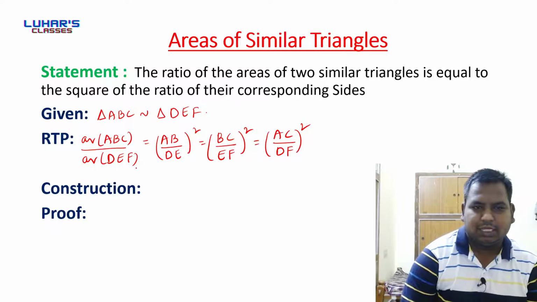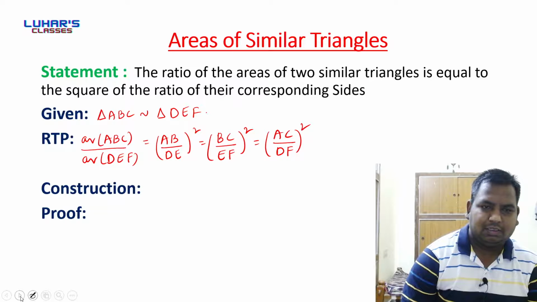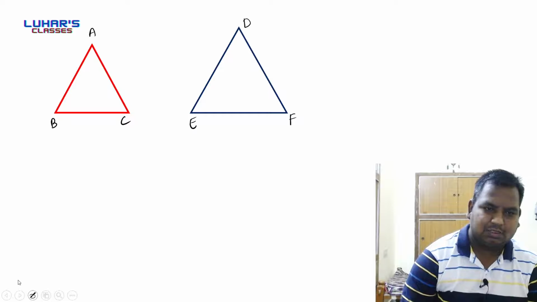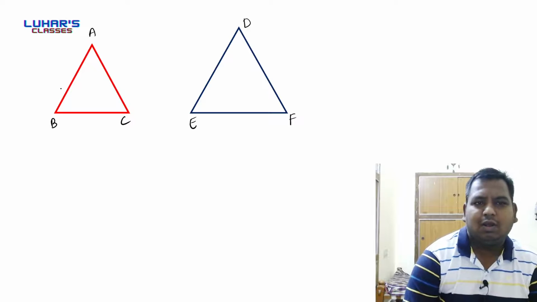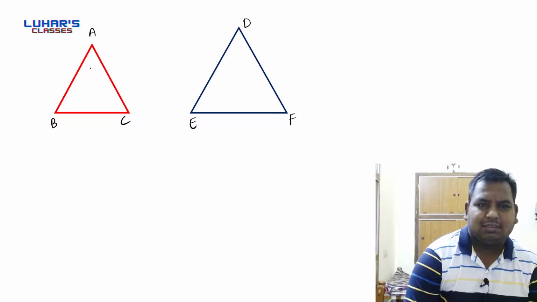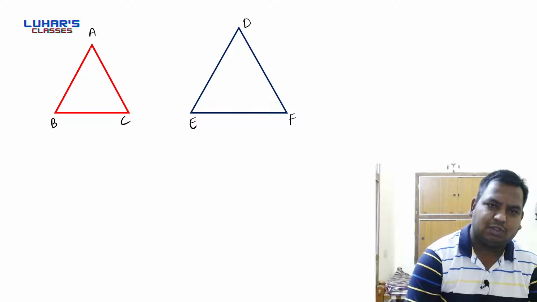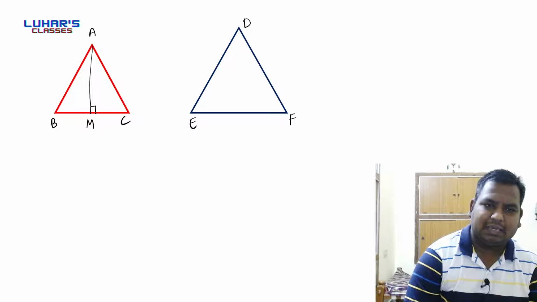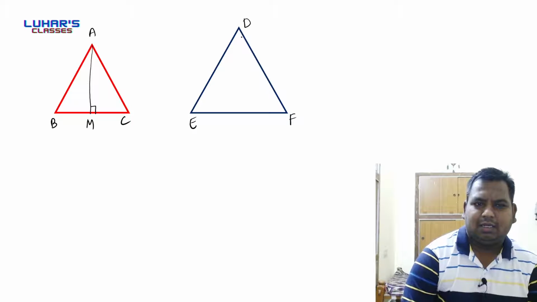Now construction. Let me go back to the triangles. Here we have two triangles. The construction is, we should draw perpendiculars from A and D on the opposite sides. First we draw a perpendicular AM on BC. Next we draw perpendicular DN on EF.